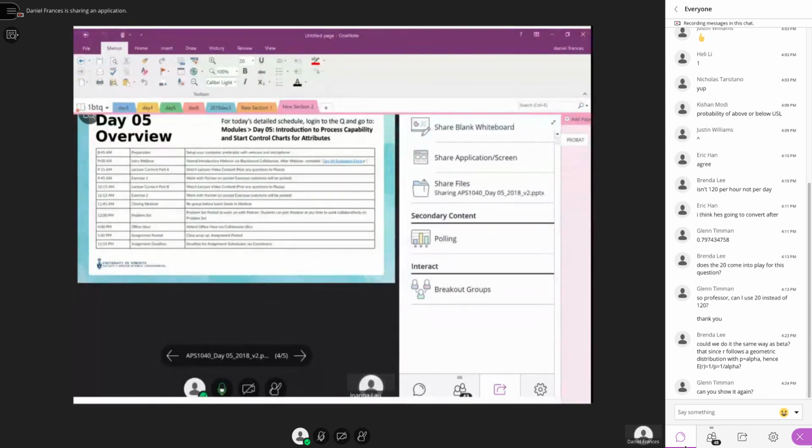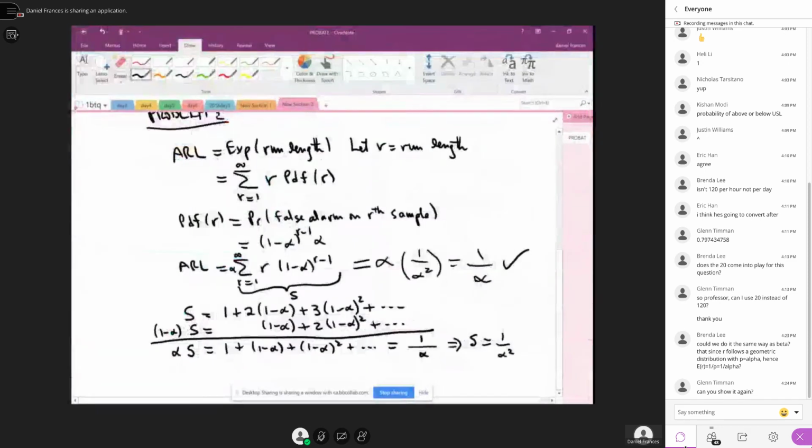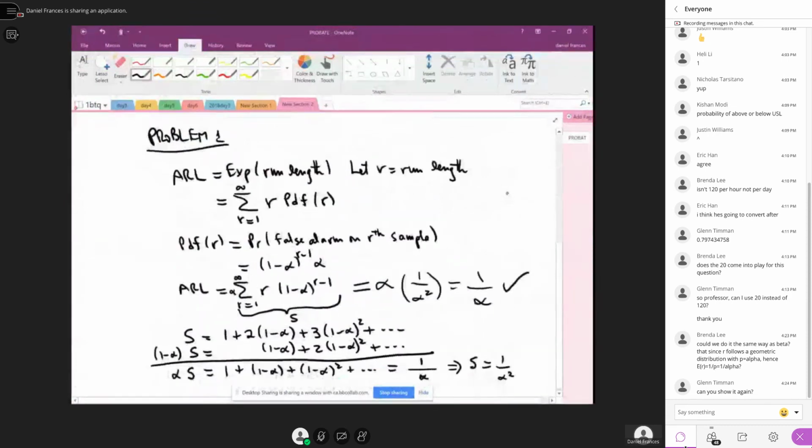All right. Let me go where I was. Okay, so the first thing is the ARL. You have to know that it's the average, and average and expected are interchangeable terms. So it's the expected value.